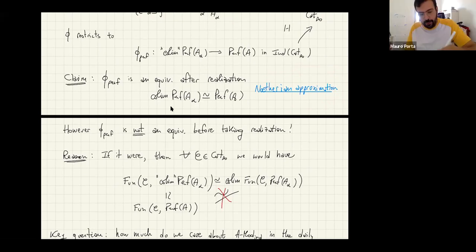So for fully faithfulness of this functor, so this is the functor after geometric realization. Because this is a filtered colimit, morphisms are computed as a colimit of maps in A gamma, let's say gamma bigger than alpha, from F alpha tensor over A alpha A gamma to G alpha tensor over A alpha A gamma.